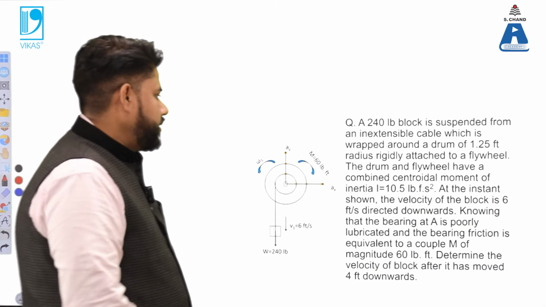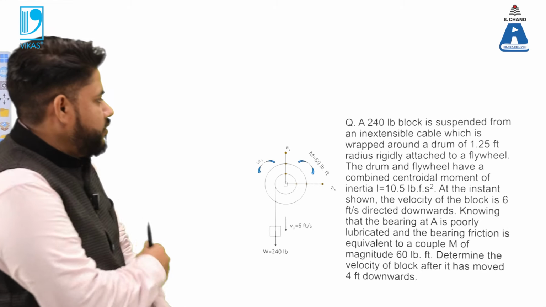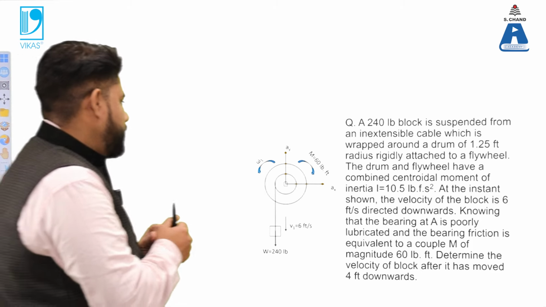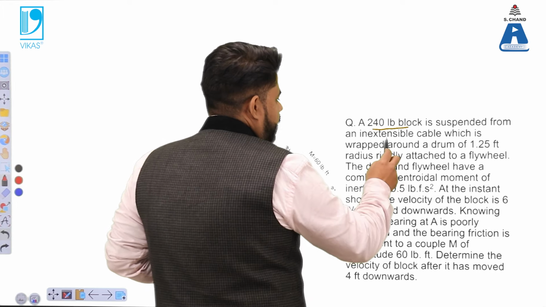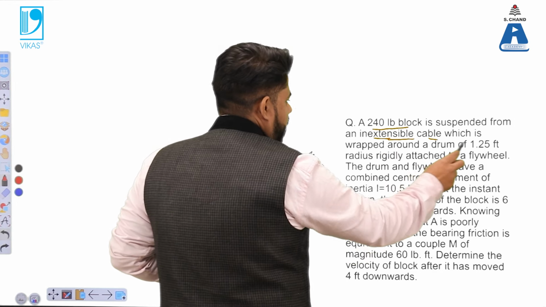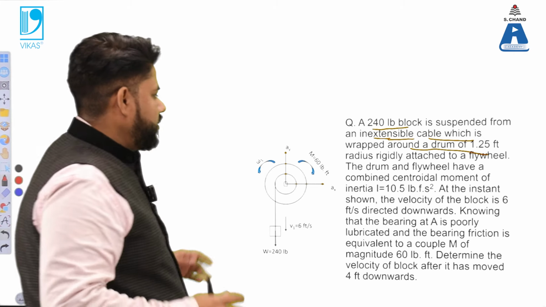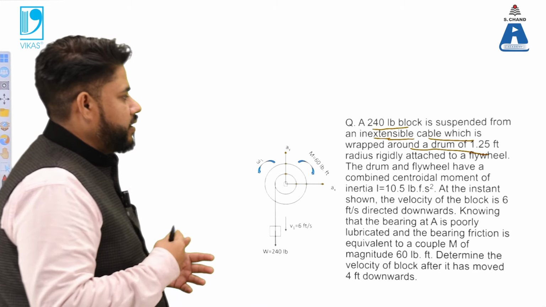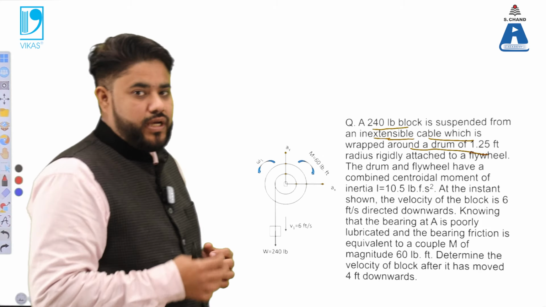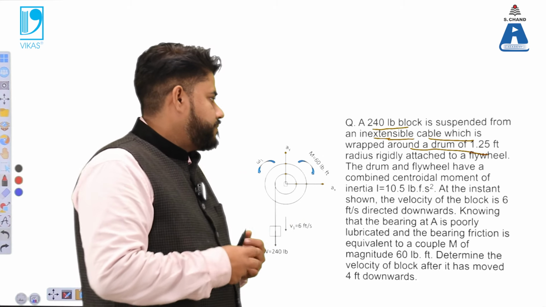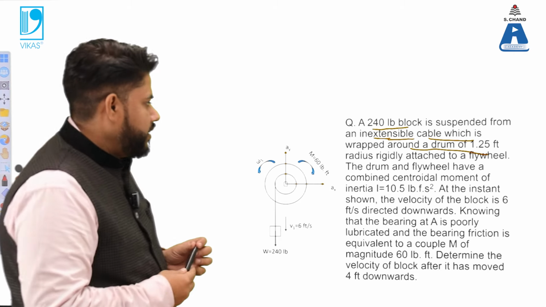Now let us understand this concept of the rigid body with the help of one numerical. So a 240 pounds block is suspended from an inextensible cable which is wrapped on a drum of 1.25 feet radius, rigidly attached to the flywheel. I have taken bigger units, not in SI, but in order to denote the bigger unit, I have to choose these values like in feet or pounds, right?